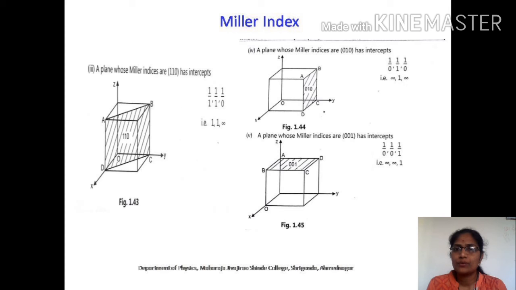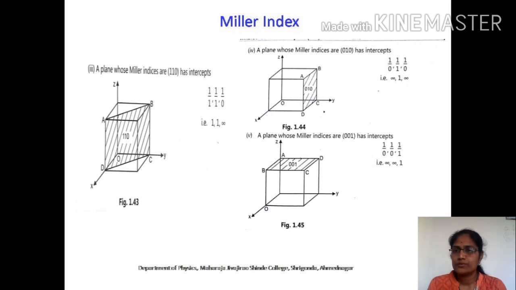So 1 upon 0 for x, 1 upon 0 for y and 1 upon 1 for the z axis. 1 upon 0 comes out as infinity, so the intercept will be at infinity. 1 upon 0 along the y-axis, the intercept will be at infinity, and 1 upon 1 will give us an intercept at 1a.